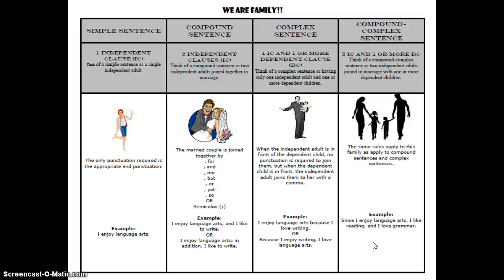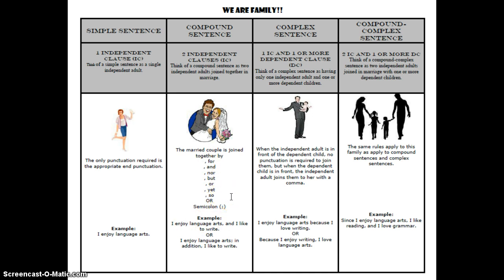So to recap, an independent clause, a simple sentence, is like one independent woman living by herself in New York City. It can stand alone. A compound sentence: the problems get compounded, but we've got two independent people who have been joined together in holy matrimony by one of the fanboys, or a semicolon.